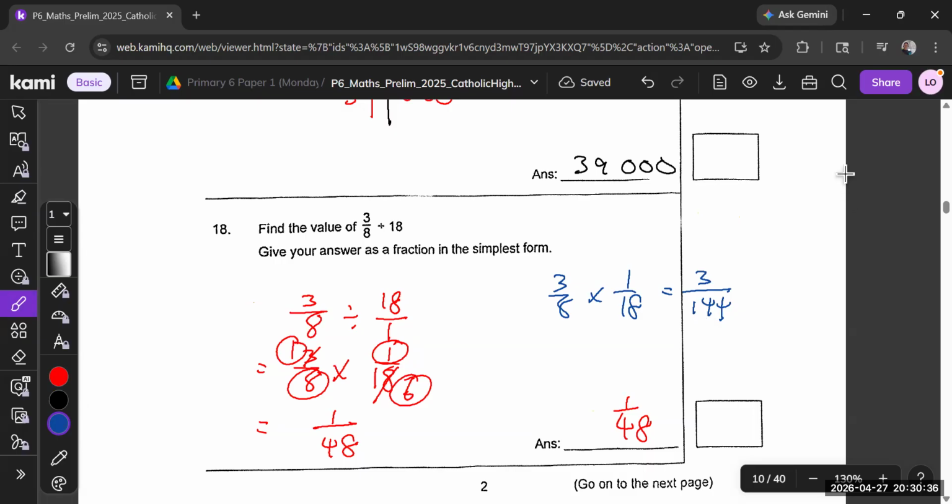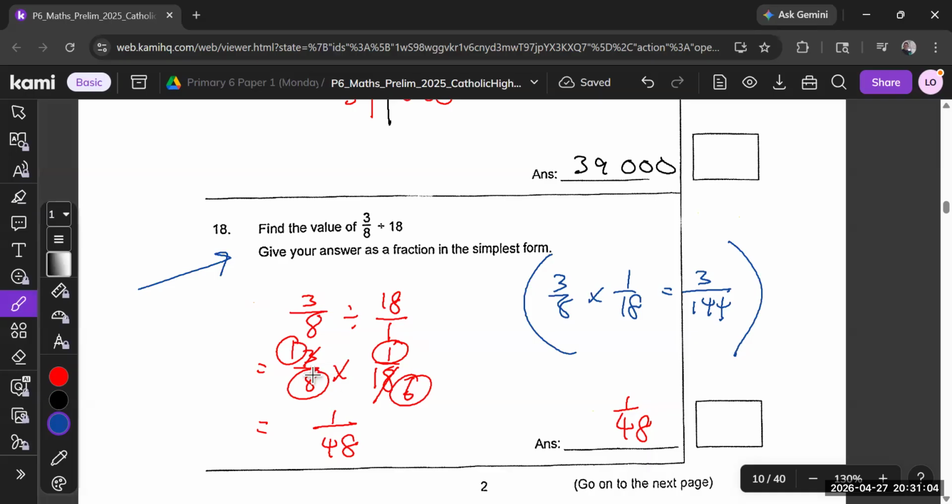Do you do it this way, 3 times 1, then 8 times 18? Yes or no? Did you cancel? I can't really see, it's a bit blurry. Never mind.